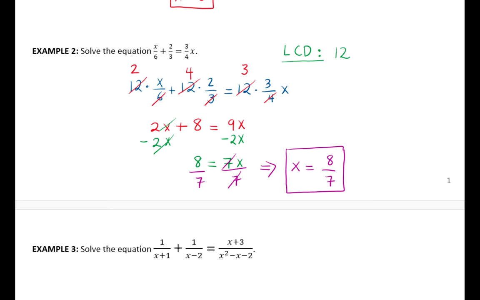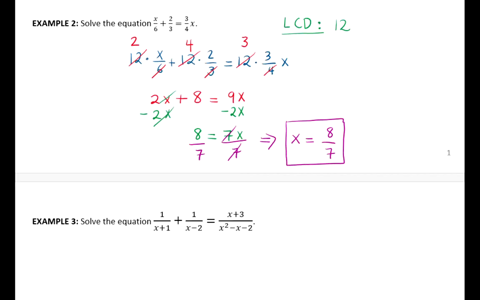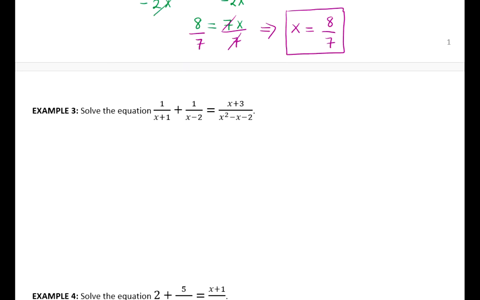So now we have another rational equation example. In this case, of course, we need some sort of factoring. Now let's take a look at this problem. Folks, for the LCD, you have x plus 1, x minus 2, but you need to factor this one. How can you factor that?